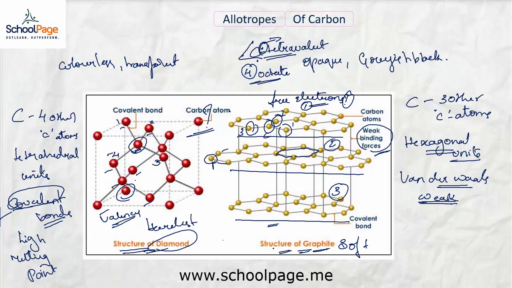Whereas in case of graphite, we see that weak forces are also present, which are nothing but van der Waals forces. So it is easy to break these weak forces, whereas it's very difficult to break the strong covalent bonds. And because of this, the melting points are high for diamond and comparatively low for graphite. These are the differences in the properties of diamond and graphite which can be attributed to their structural difference as well.